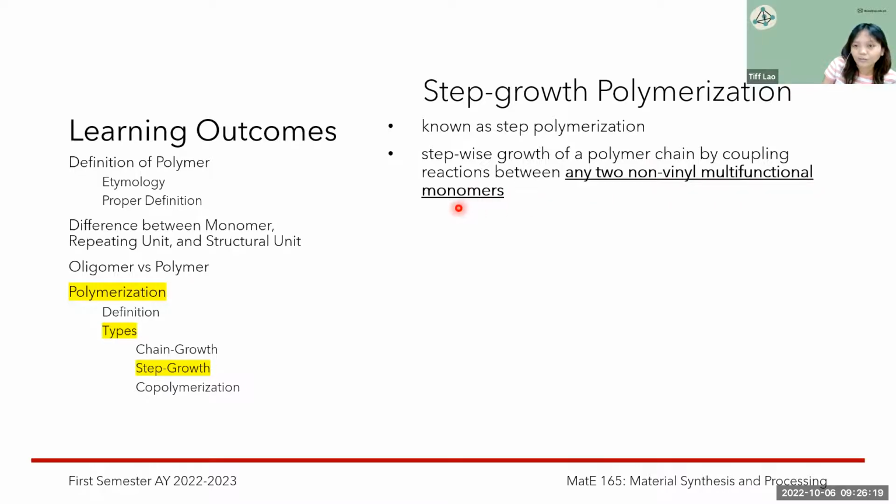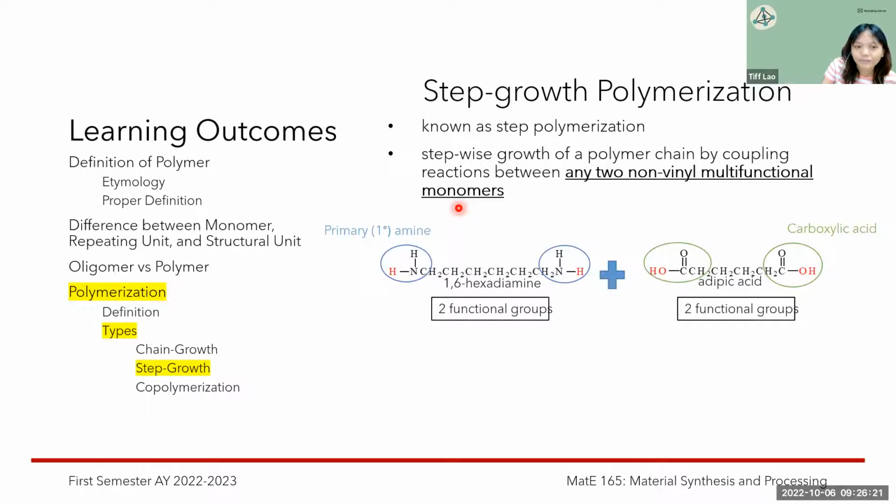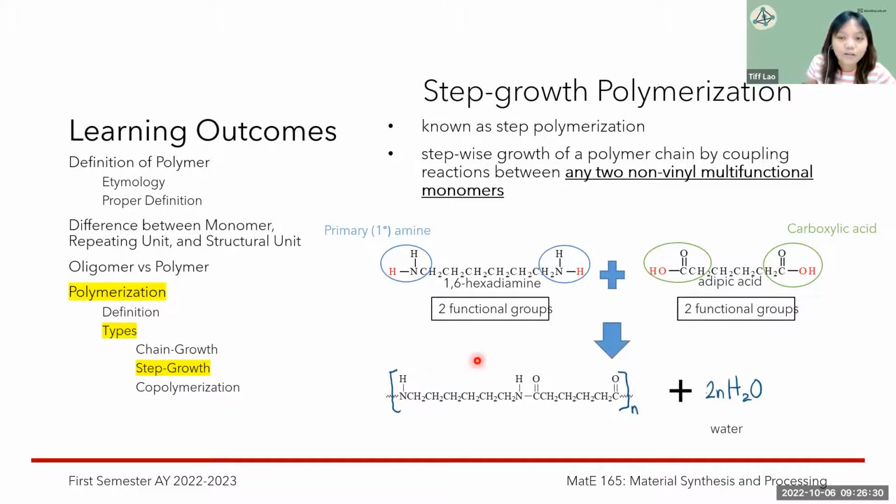And that's step growth. So, for example, ito na. Hexadiamine plus adipic acid. So, kung makikita nyo, ini-emphasize ko yung functional groups sa end. And kailangan to kasi kapag sabi natin yung adipic acid, isa lang yung carboxylic acid niya.